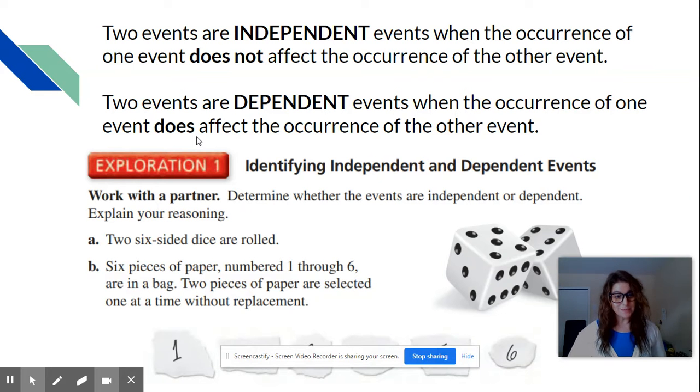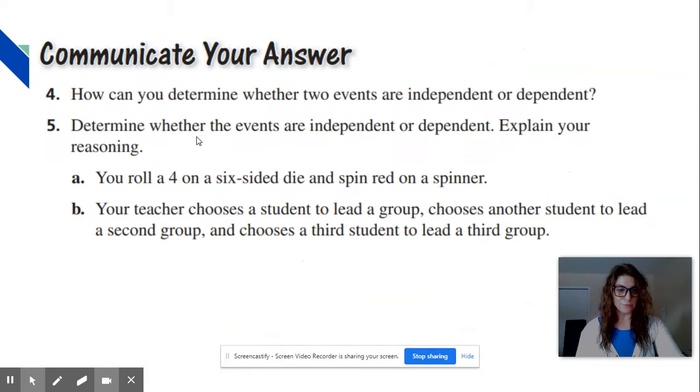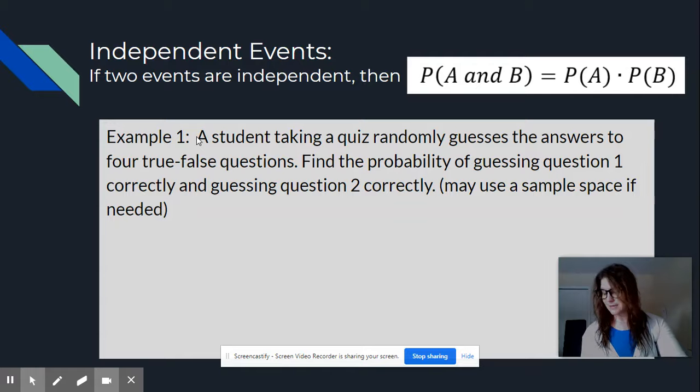But then when I take out this, the second time around, I can only pick a 1, 2, 4, 5, and 6. There's no more 3 in that option. So the value that I picked the first time around did impact the second time around. So that is something that is considered a dependent event. And we're going to go through some examples and talk about that more in detail in class.